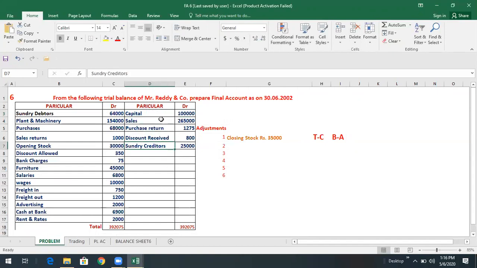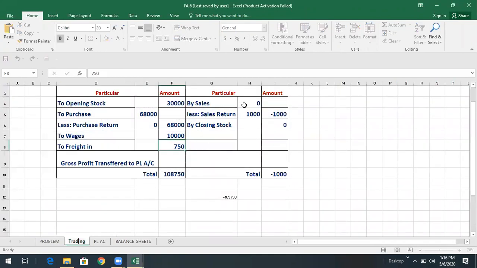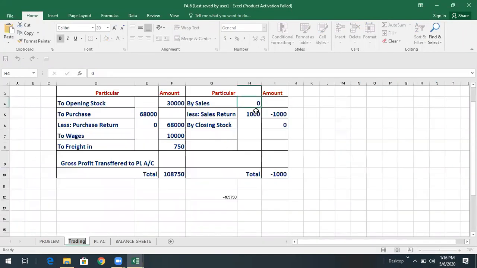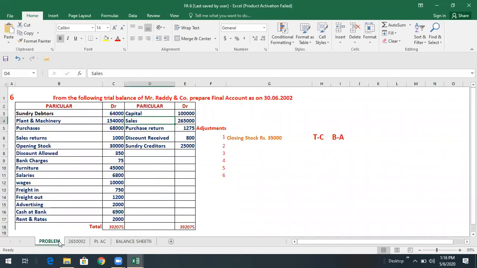Go for the next, sales. That you know very well, trading account credit side. What is the value of sales? 2,65,000 rupees. So I am entering 2,65,000 rupees. So sales completed. Your next, purchase return. What is the value? 1275.